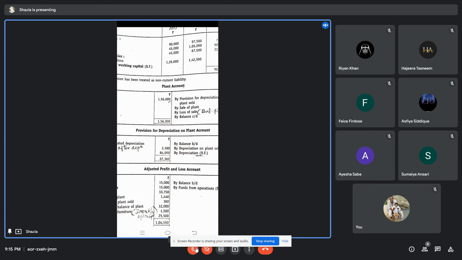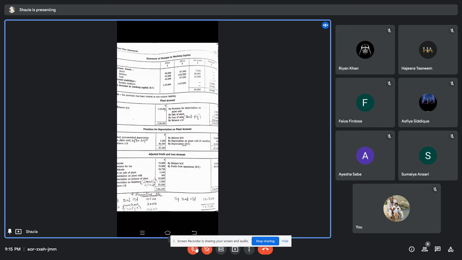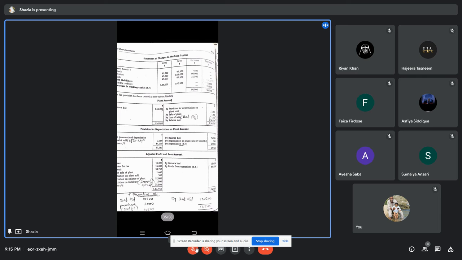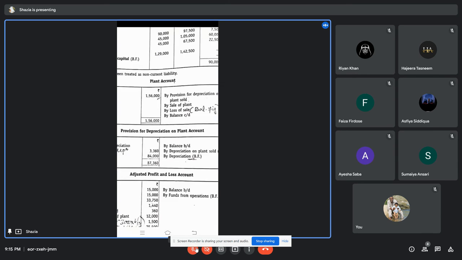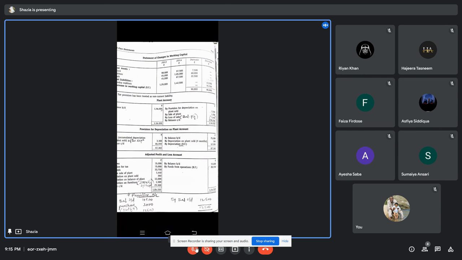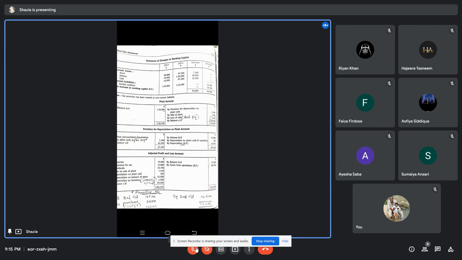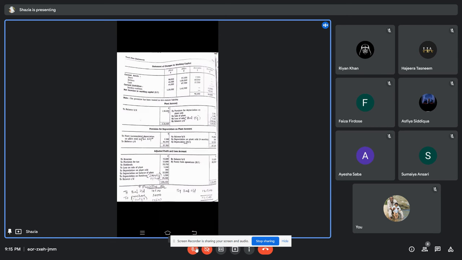So 87,360 minus the opening balance 75,000 minus 360, that is 8% depreciation. The remaining balance is called depreciation. So now clear cut depreciation on the plant account is 12,000. This is the original depreciation value of 12,000. Okay, so this will be treated over here.